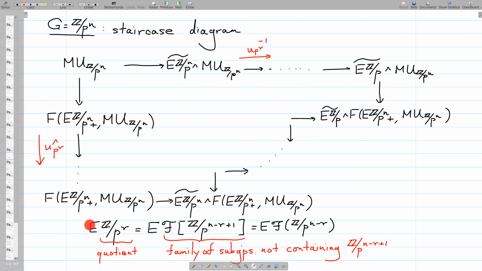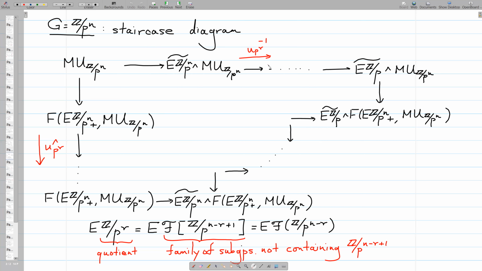And the way you should think about these is that the Z mod P to the R's you should think of as a quotient group of Z mod P to the N, and you can also say they're E of a family of subgroups not containing Z mod P to the N plus R plus 1. And down here, on the top row, you get these partial geometric fixed points of this Z mod P to the N spectrum.